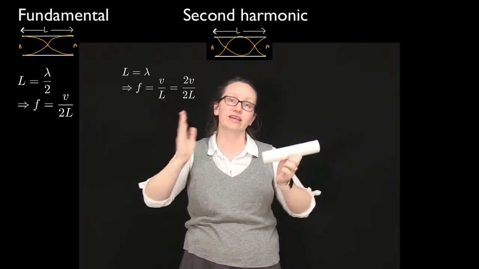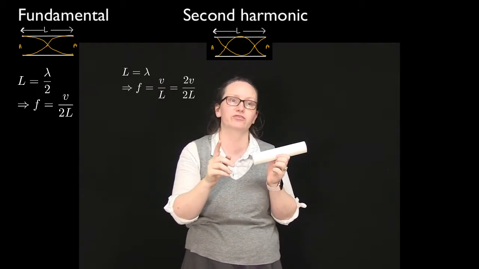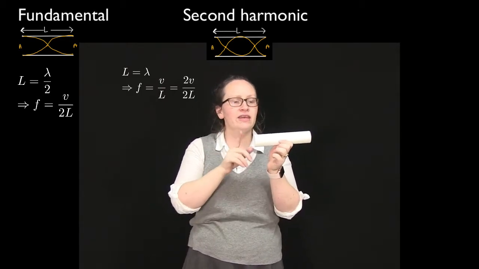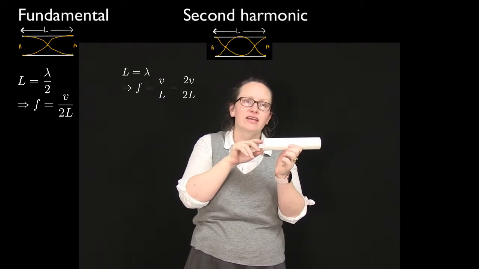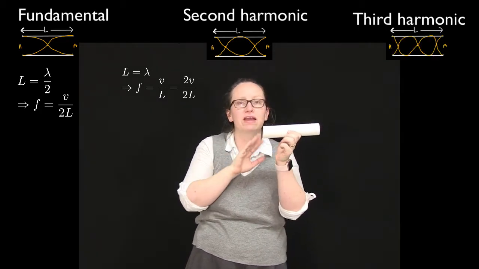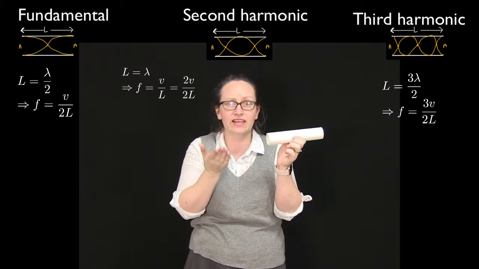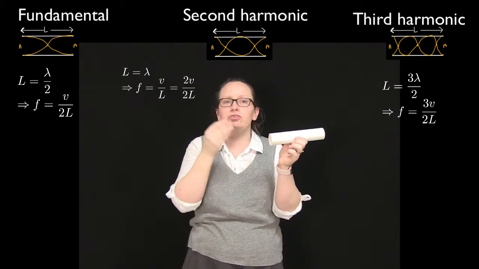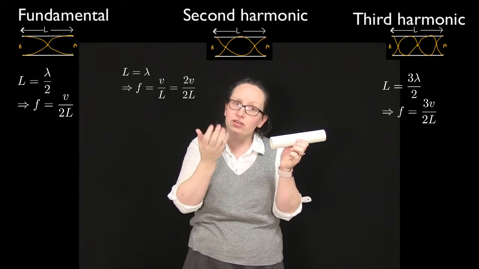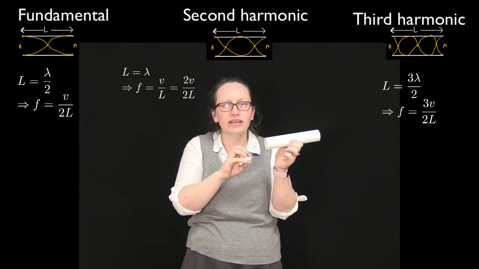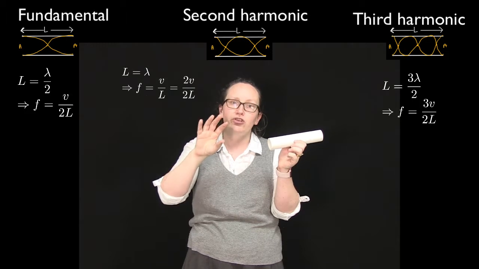Mathematically, those are the same thing, and in a minute we'll see why it could be useful to write it that way. Okay, and then the third harmonic is when we have 3 half wavelengths inside this pipe as shown in this final figure, and in this case the length of the pipe is equal to 3 half wavelengths, and so the frequency of this third harmonic is equal to 3V over 2L.